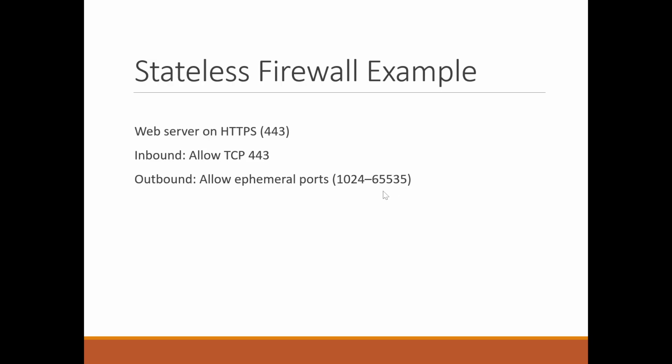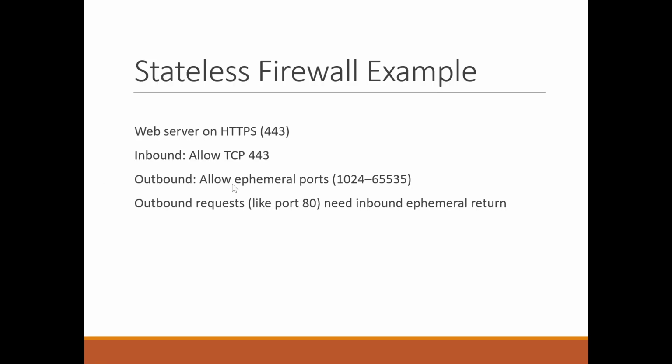If the server makes an outbound request, for example on port 80, you must also add an outbound rule, and inbound rules must allow the return on ephemeral ports. So the key concept: stateless means you must write both inbound and outbound rules. I think I have uploaded a practical video on how to write inbound and outbound rules for stateless.